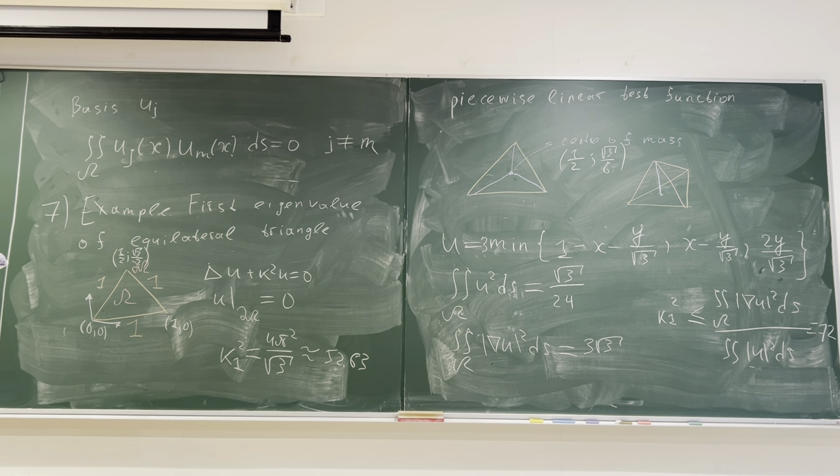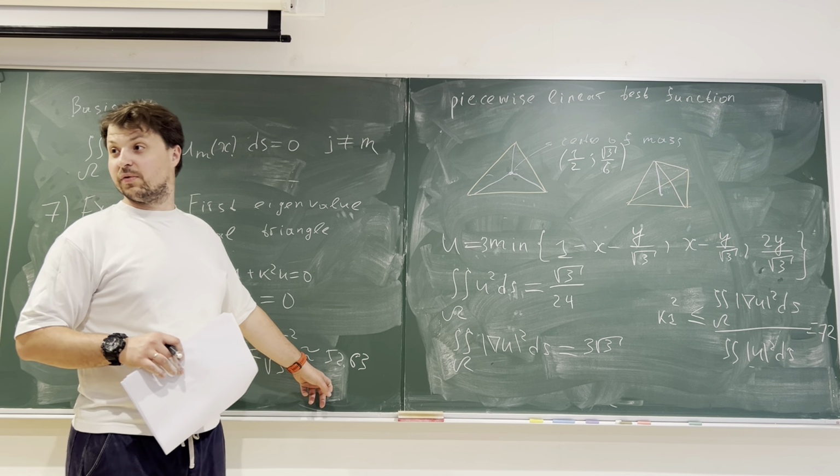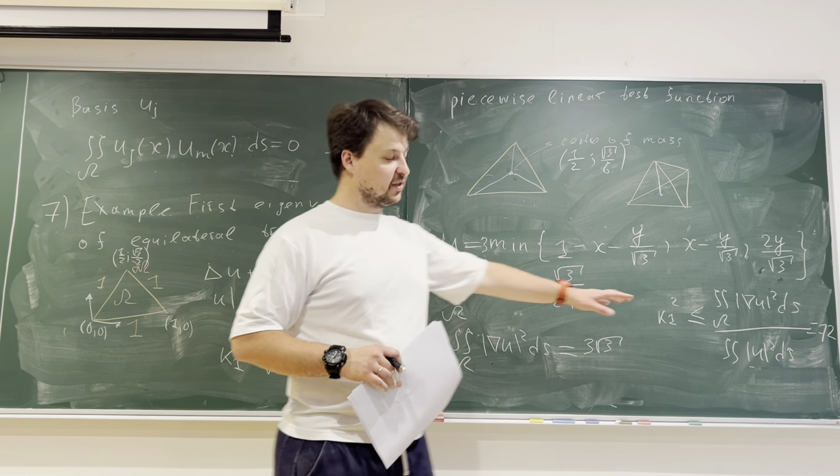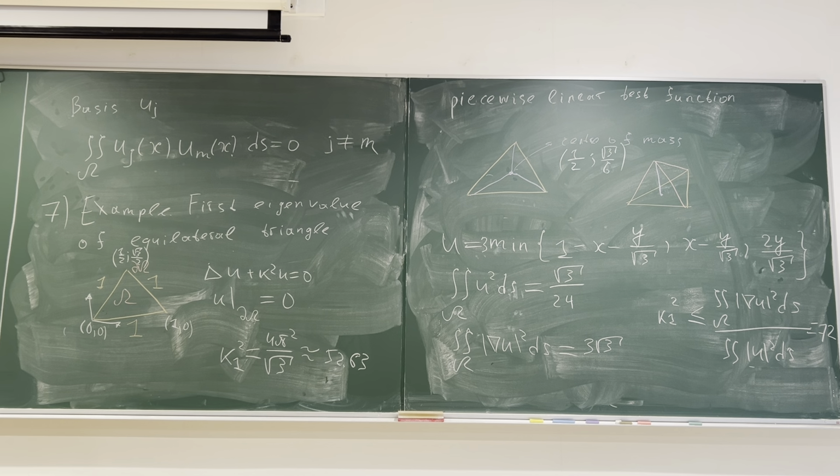Okay, this I will check and upload the correct version. But anyway, when you compute the square, it's 52 for the real eigenvalue, and this is 72. So it's of the same order, and it kind of makes sense.